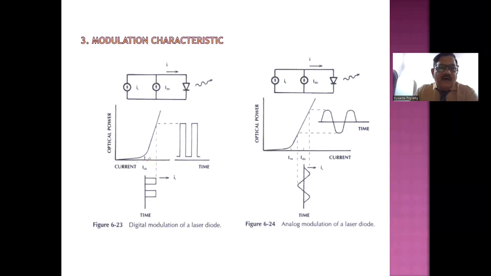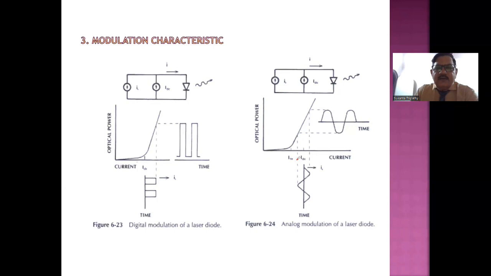Because I have to use this linear region, I have to use a current source even for digital modulation. Therefore, in the circuit you have this current source IDC, which is used to take the operating point from the origin to a point somewhere here, so that the input signal will be along this linear region.